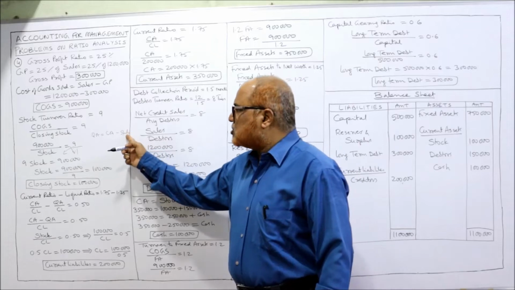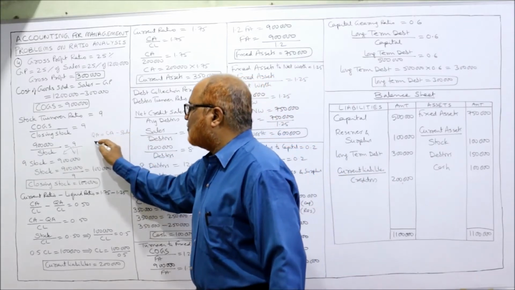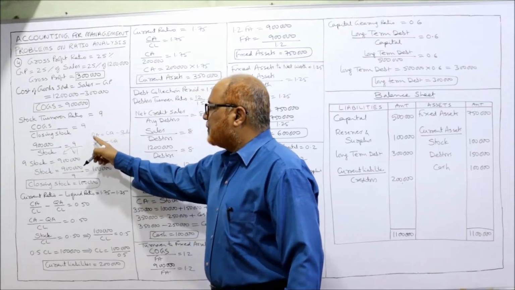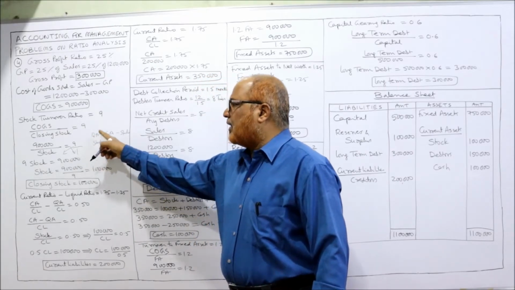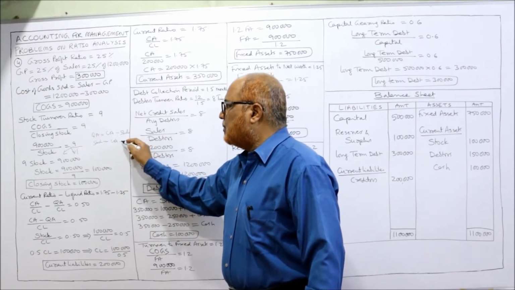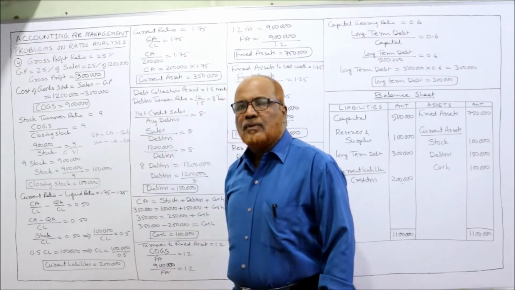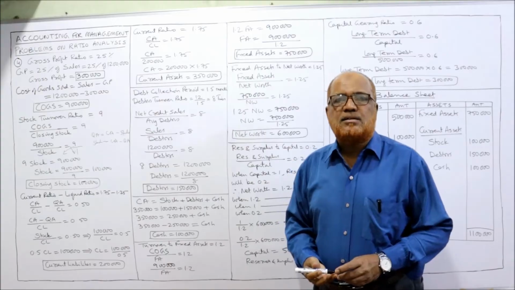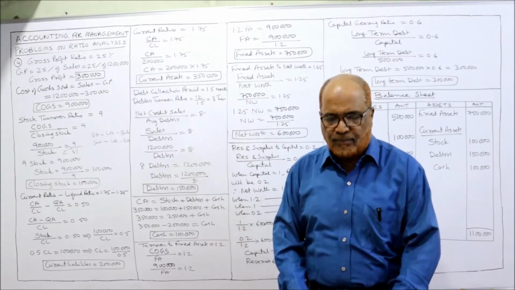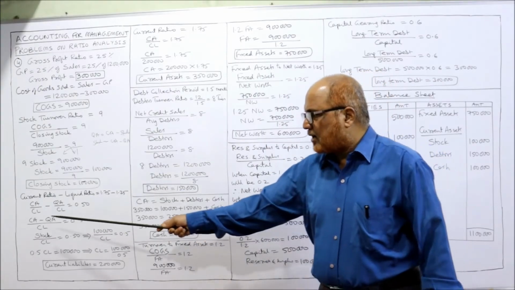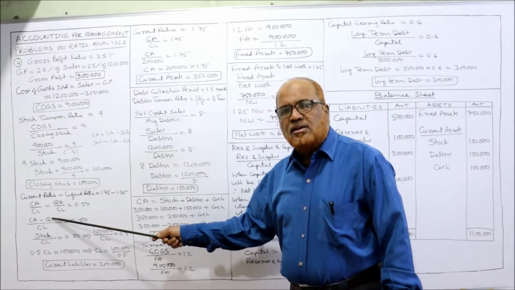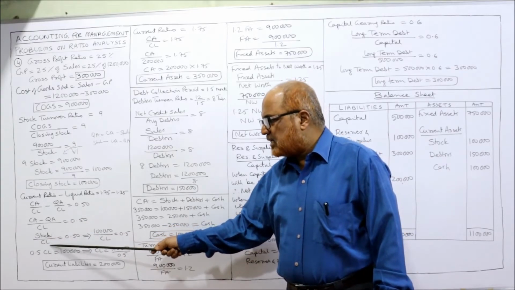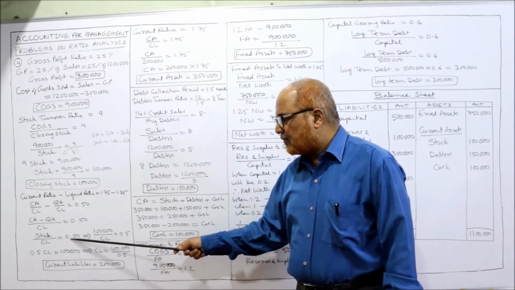Or if I take the stock to LHS, minus stock will become plus stock is equal to CA. This plus QA, if I take it to the RHS, it will become minus QA. So in other words, we can say stock is nothing but current asset minus quick asset. So here already we have current asset minus quick asset. So in place of this, I will write down stock. So stock by CL is equal to 0.5.